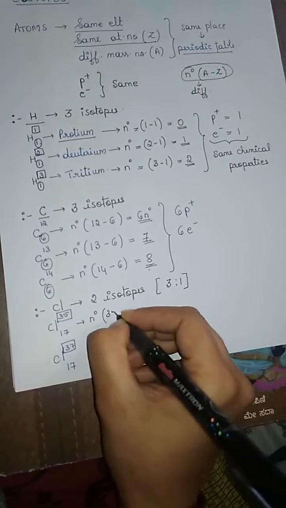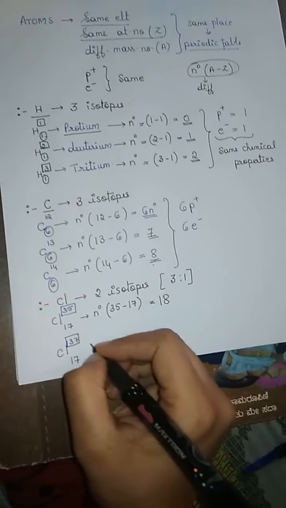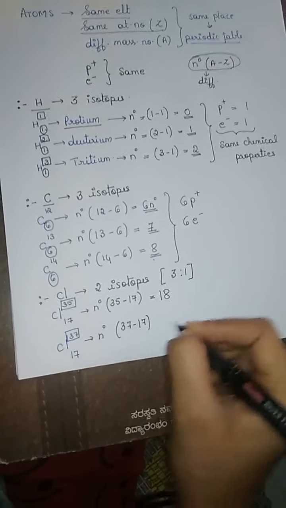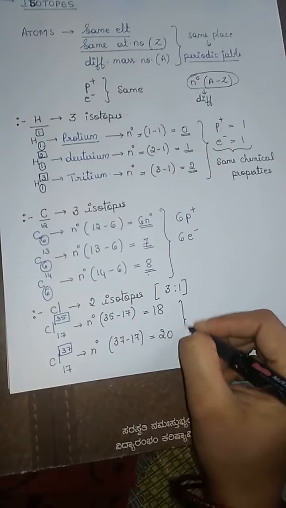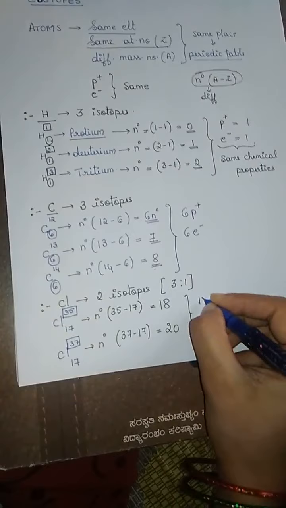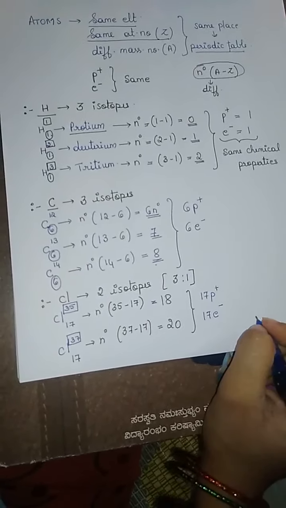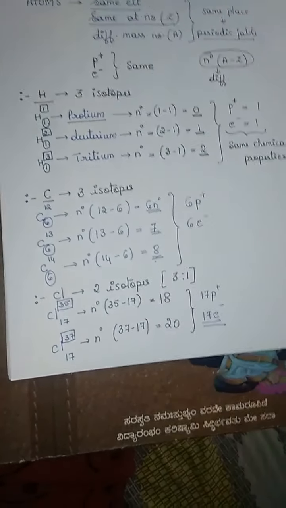It is 35 minus 17, that is 18 neutrons. In the second one, we have 37 minus 17, that is 20 neutrons. But here, what about the number of protons? It is the same as the atomic number, that is 17 protons and 17 electrons. So, the same number of electrons, hence the same chemical properties.